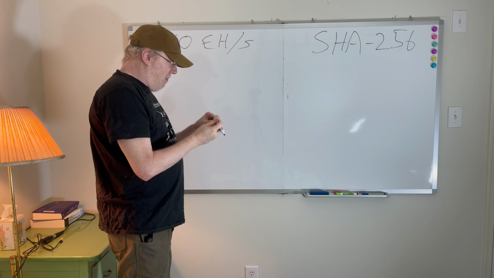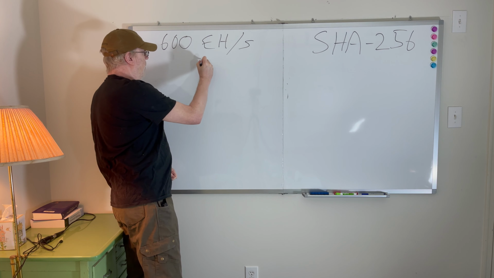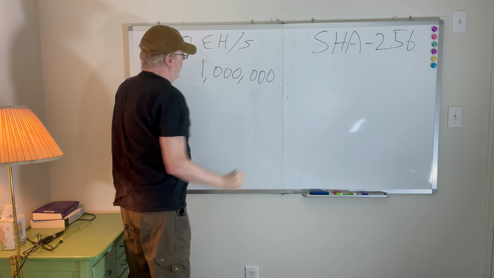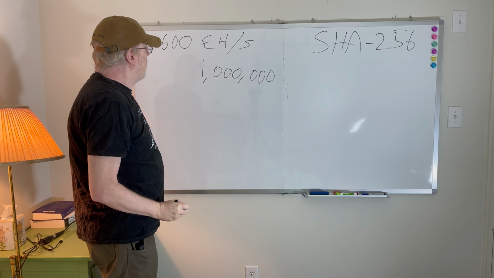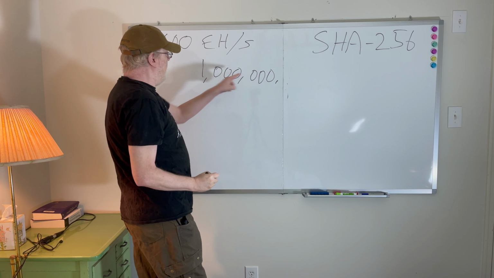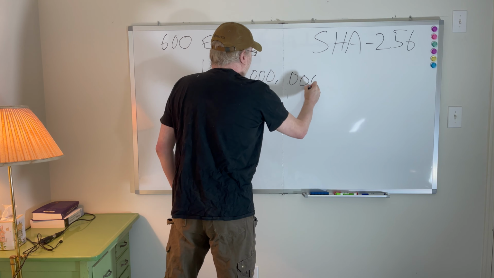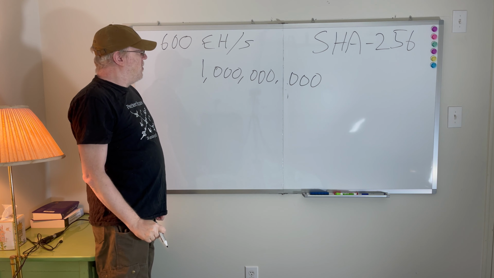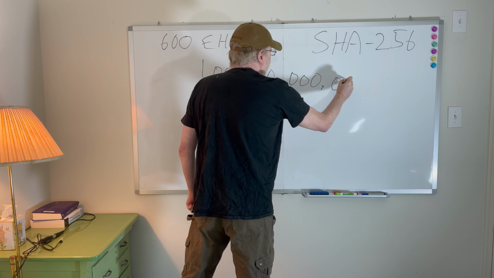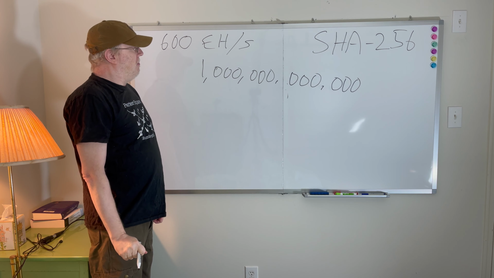To give you an idea of how big of a number that is, let's look at a million. Not bad. If we go to megahashes, gigahashes, that would be 1,000 times that, terahashes, it's 1,000 times that.